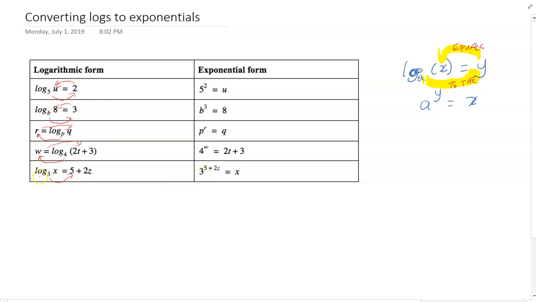So whatever is on the log side is your base, and your argument will be like your output if you're thinking about it in exponential form. So 3 to the 5 plus 2z equals x for that last exponential.